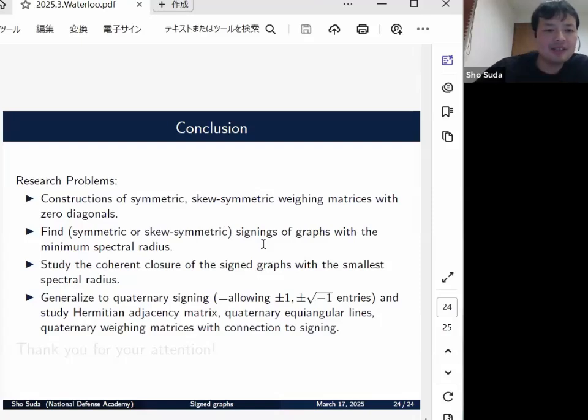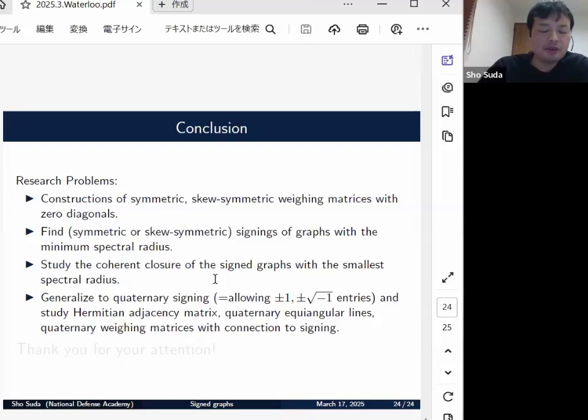Also, I didn't mention it, but nowadays many people work on the so-called coherent closure, which is the smallest coherent configuration containing the original matrix, and maybe studying the coherent closure of signed graphs, with or without smallest spectral radius, would be interesting, I think.